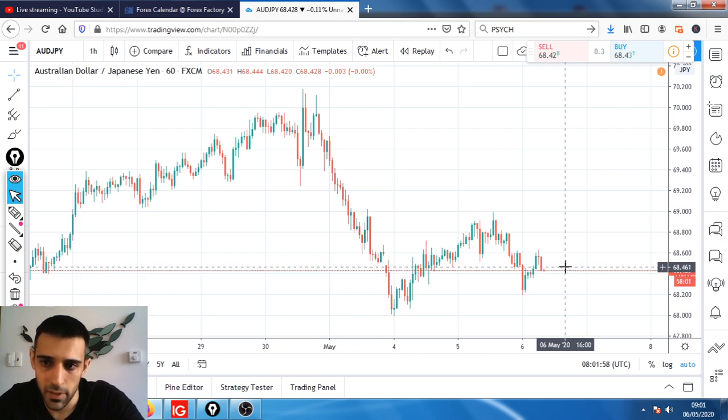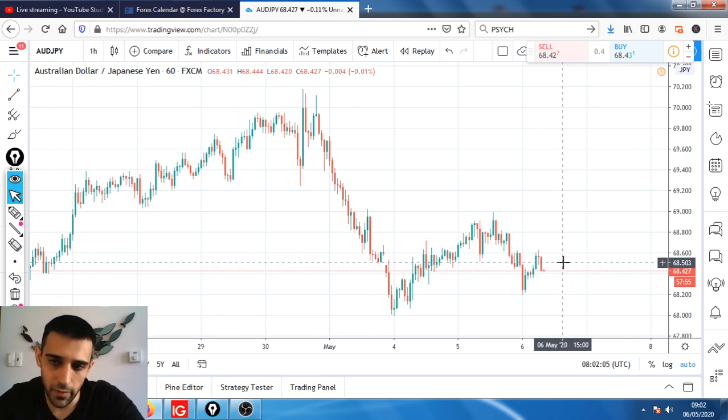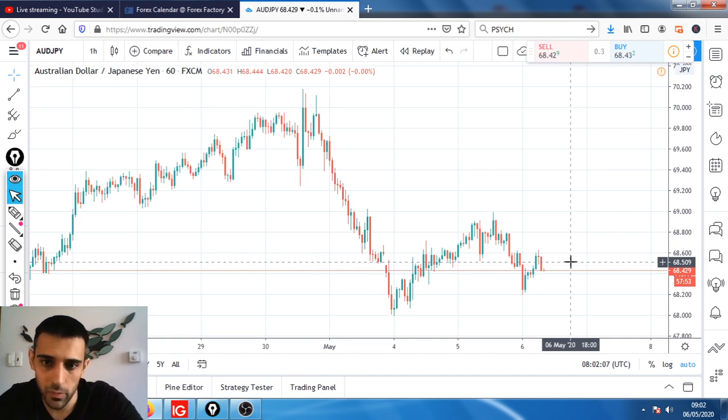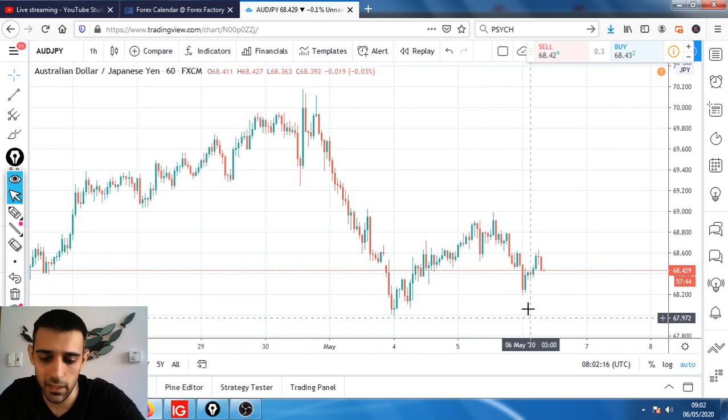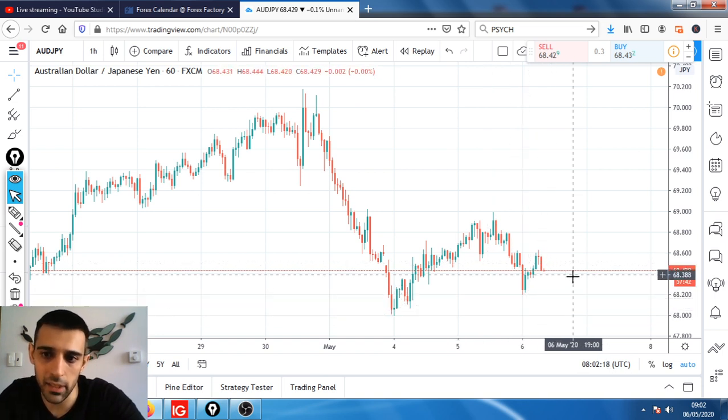So 10 pips. Now we can do 10 pips, but we need 15 pips for the very minimum on this one. You can give 20 pips if you want that extra safety in case the price pushes a little bit higher than usual.